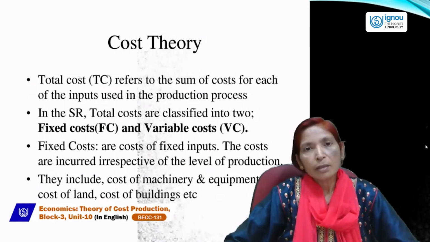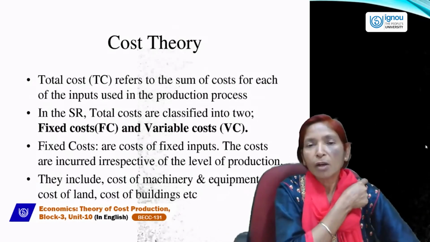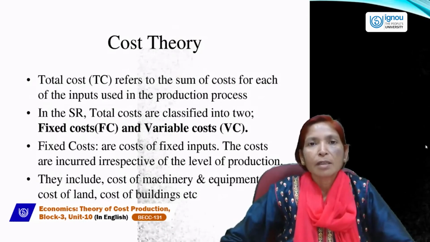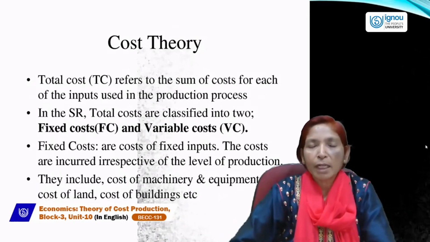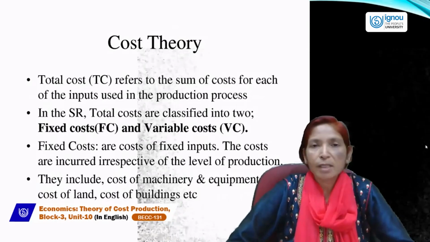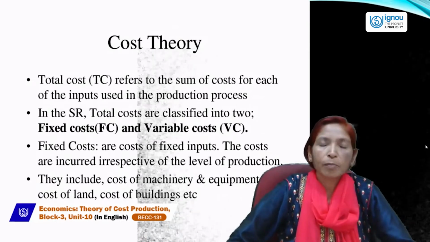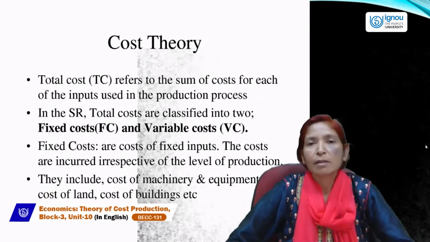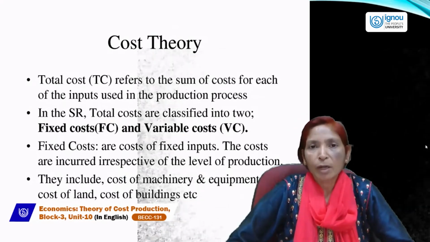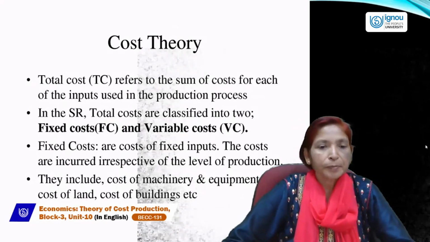Because in the long run, we have too much time. In the long run, we can change all the factors of production simultaneously. That's why in the long run, there is no difference between fixed cost and variable cost. All costs are known as variable cost in the long run.